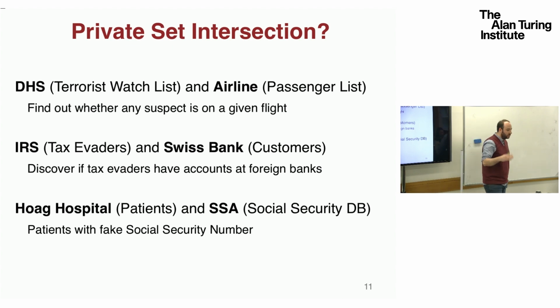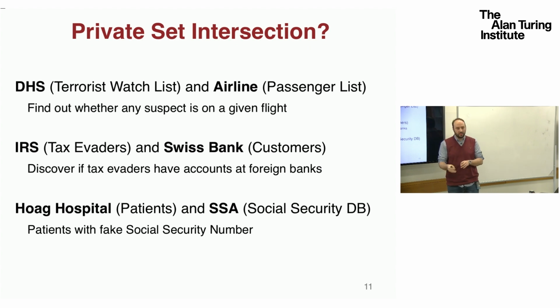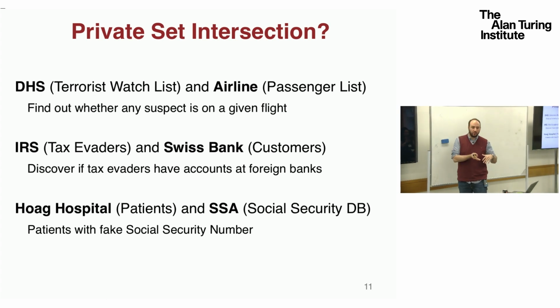So one question was whether data cleaning is a problem. For instance, with names, you do have issues where data sets are not normalized, or you can have names spelled in different ways. So that's definitely a problem, but it's sort of an orthogonal one.